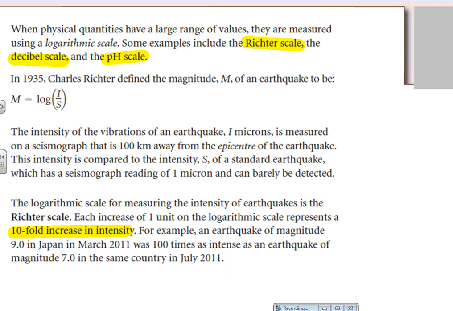From a 7 to a 9, that's 100 times more intense. And we all know the effect that the March 2011 earthquake had for Japan, where we started setting off tsunamis and all that.